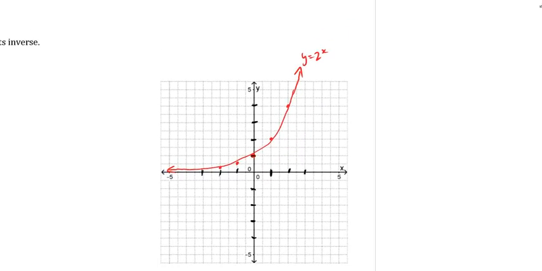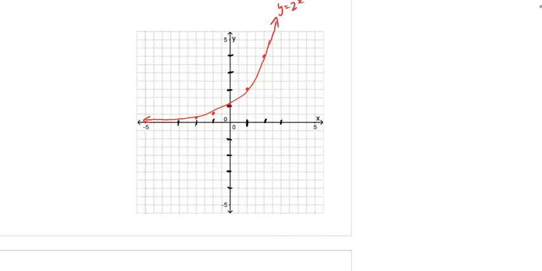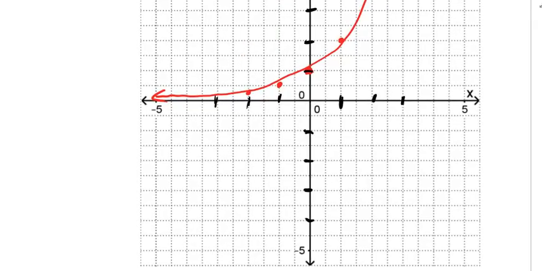We okay with that? So the inverse. This point is x equals 0 and y equals 1. So I go x equals 1 and y equals 0. 1, 2 becomes 2, 1.